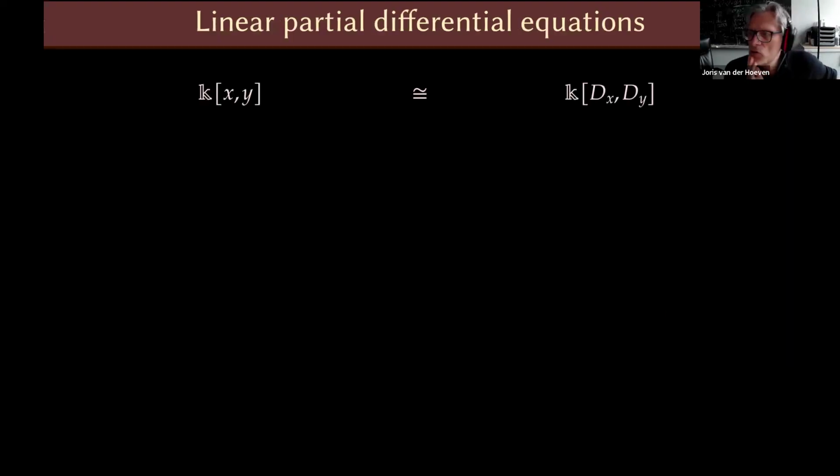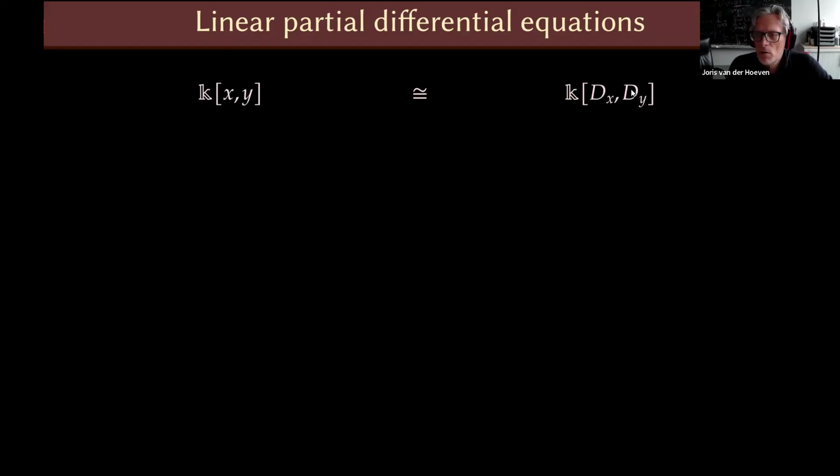So now let us go to differential equations. Let us first consider linear differential equations with constant coefficients. So basically, from an algebraic point of view, if we have two commuting derivations dx and dy, these are just symbols.